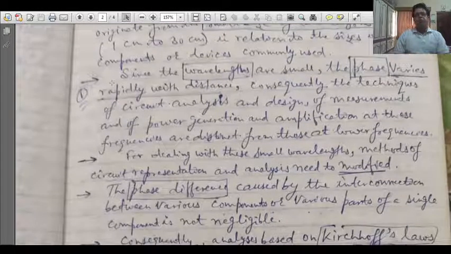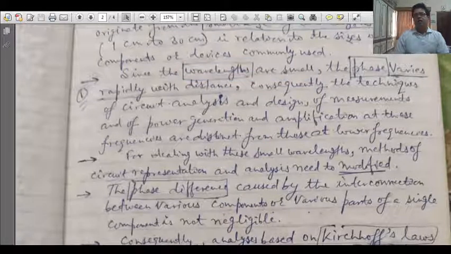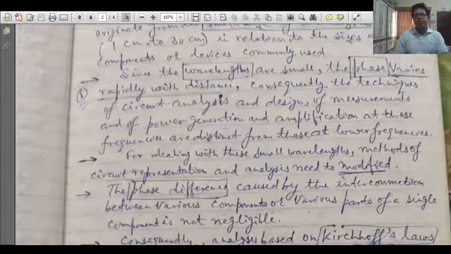Number 1 point, since the wavelength is small, the phase varies rapidly with distance. Consequently, the techniques of circuit analysis, design of measurements, and of power generation and amplification at these frequencies are distinct from those at lower frequencies.